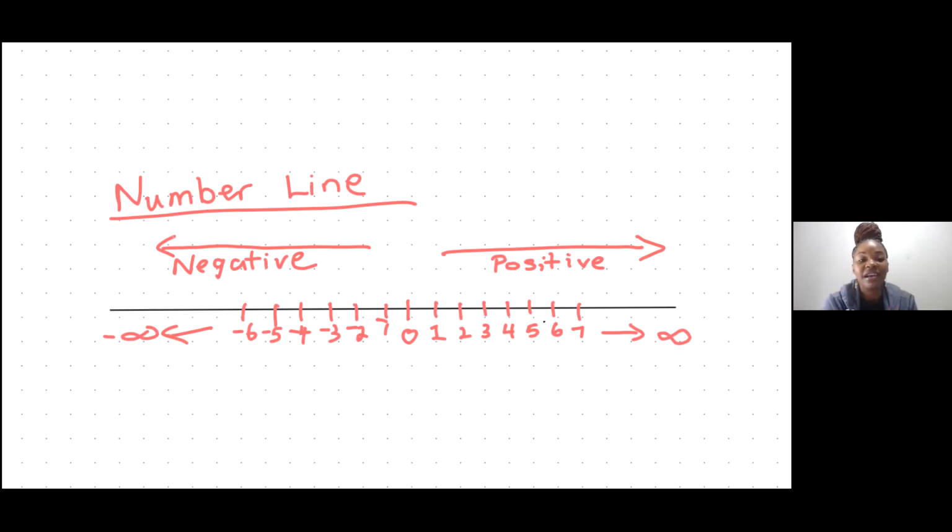What we need to understand is that negative numbers are smaller than 0 and positive numbers are larger than 0. Now, how do we apply these numbers with regards to working things out?